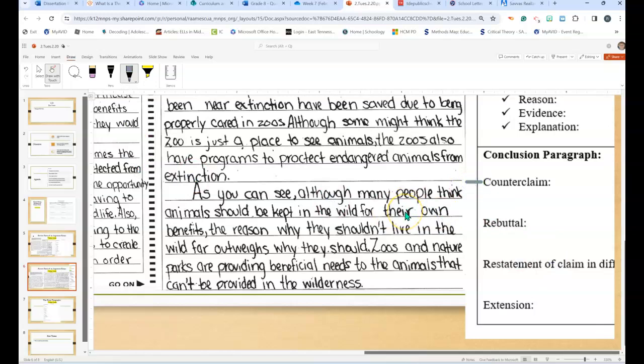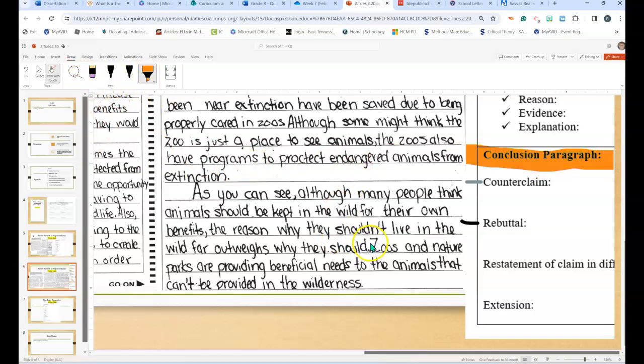So counterclaim is gray. We'll make the rebuttal black. And I don't think I have a brown. Let's see. We'll say the conclusion paragraph will make it brown.